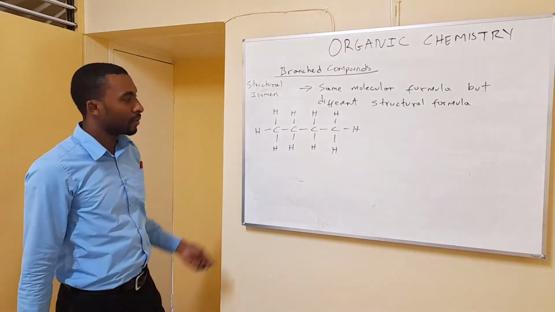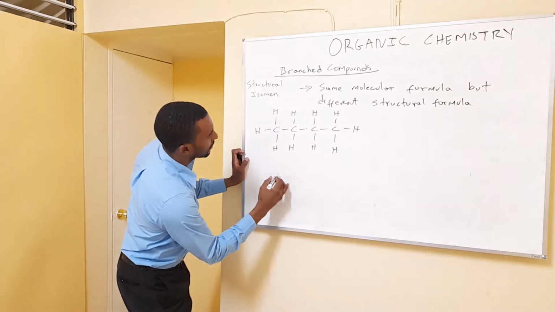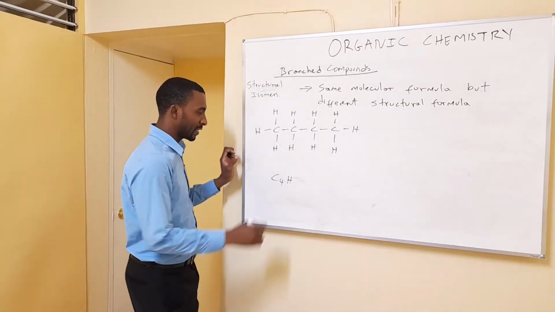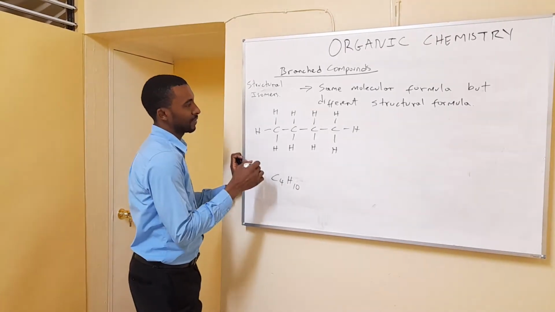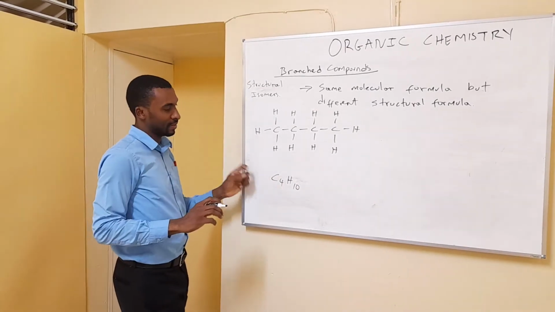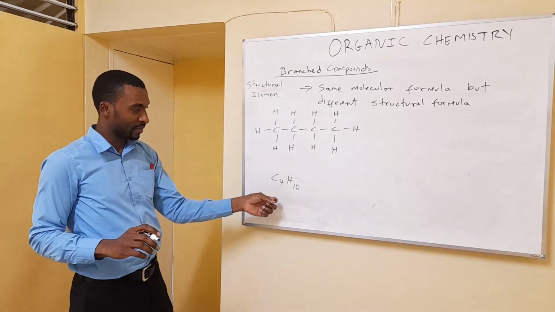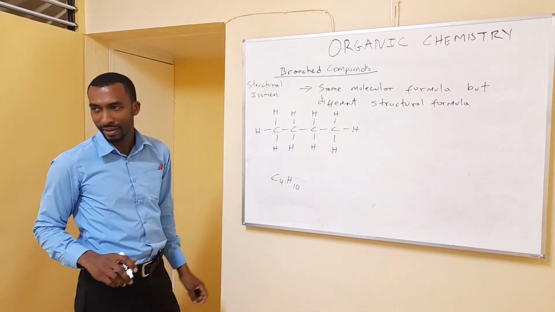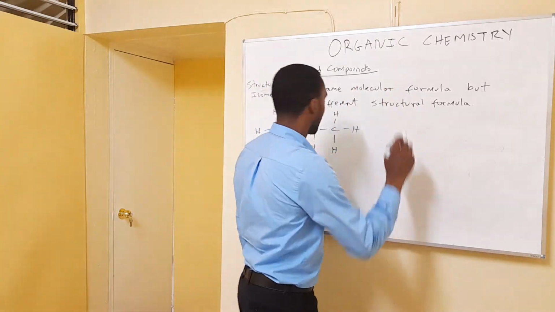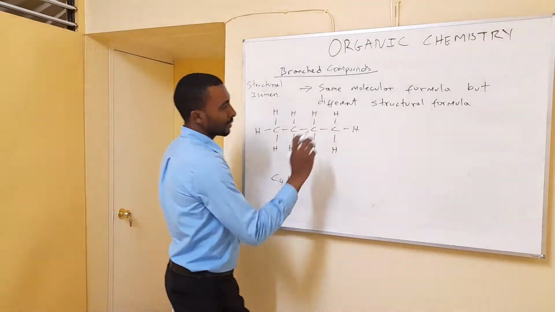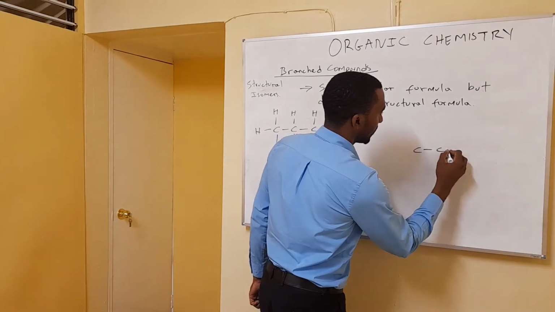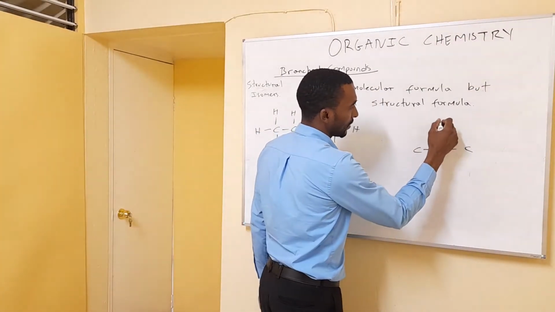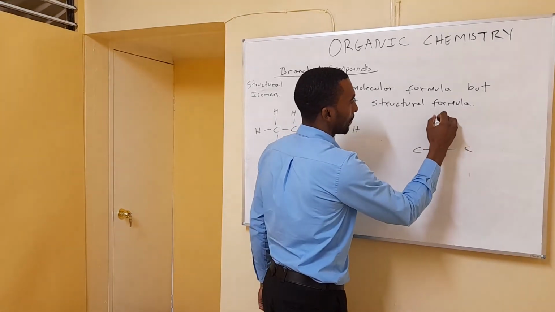Right? Now, the molecular formula is C4H10, because it's CnH2n plus 2, so 4 times 2 is 8 plus 2, 10. If you go back to the general formula for alkanes, right? Now, if you notice here, we could technically have 3 carbon atoms in this straight chain, and then we put another carbon atom there, right?